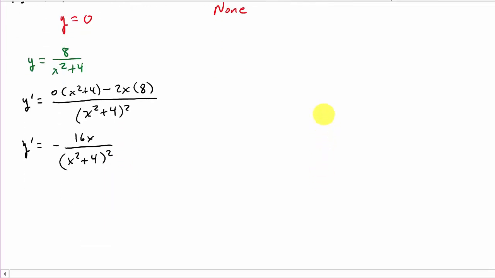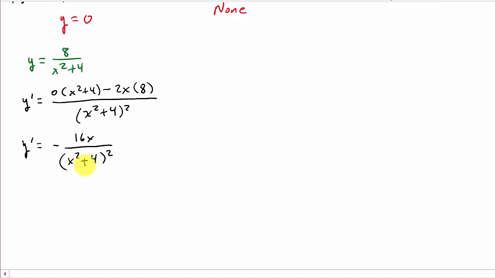Now, we're finding our critical numbers. Remember your critical numbers, that's where the first derivative is equal to 0 or where the first derivative is undefined, provided that those numbers where it's undefined are in the domain of the original function.